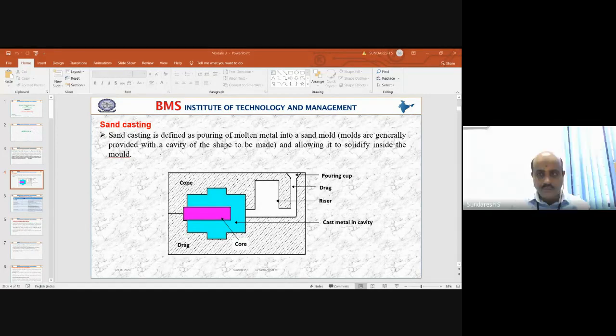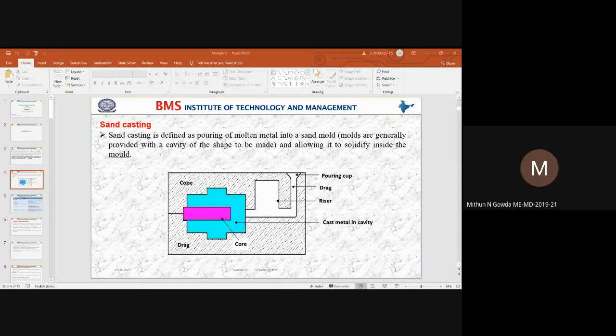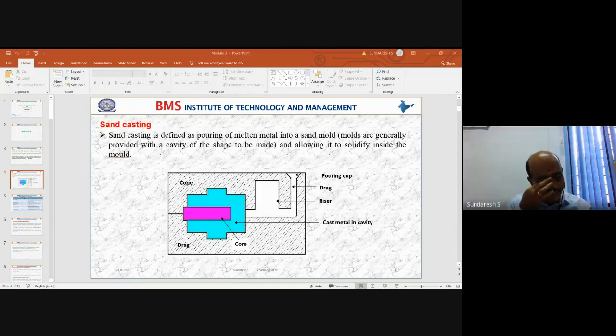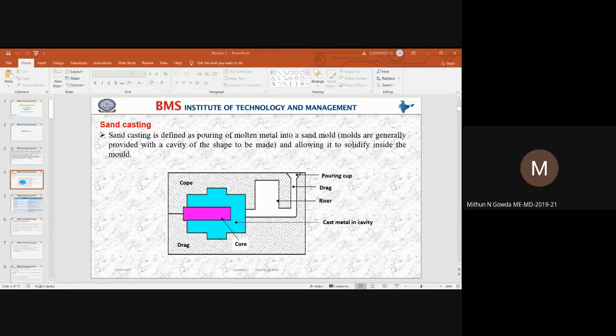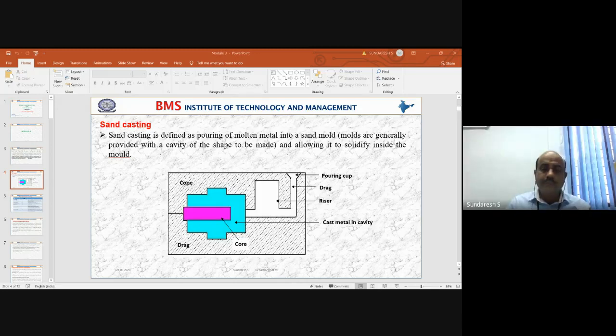It's a casting process where it is manufactured by using sand as the mold material. Okay. That's it? Yes, sir. That's it.